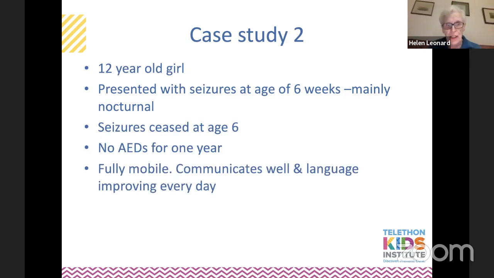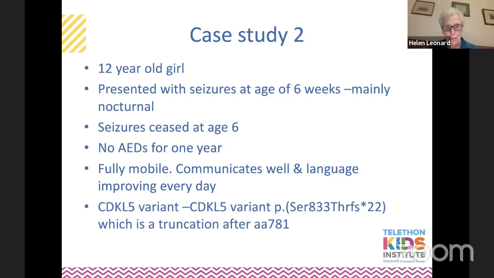She's fully mobile, she communicates well, and her language is improving every day. She has a CDKL5 variant, and that's it there. It is actually a truncation after AA781, so it's a late truncating mutation. I now would like to show you a little bit of video of her.